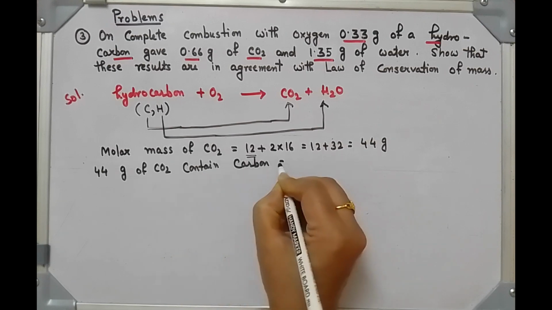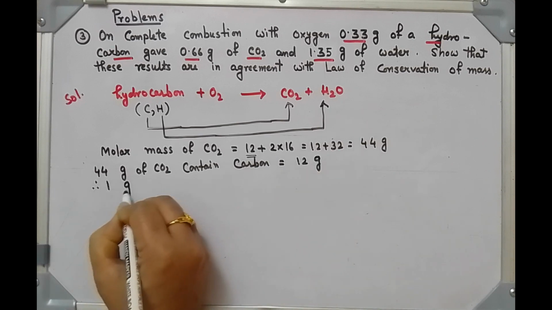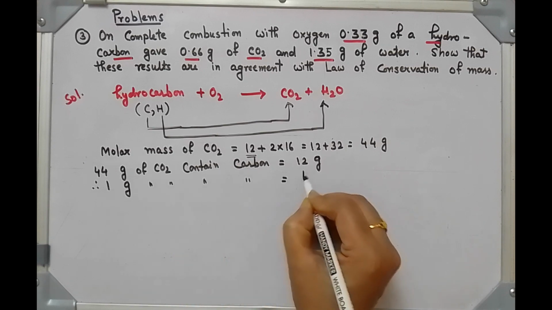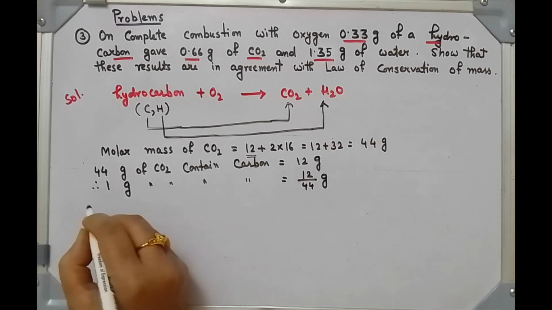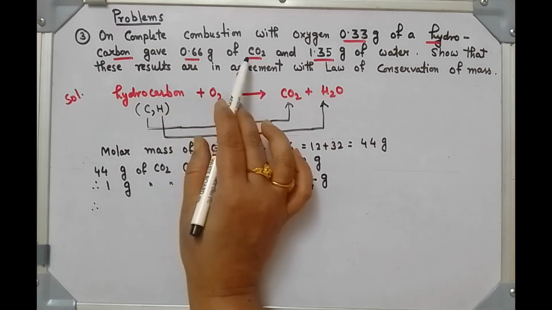Therefore, 1 gram of carbon dioxide contain carbon 12 by 44 gram and it is given 0.66 gram carbon dioxide.